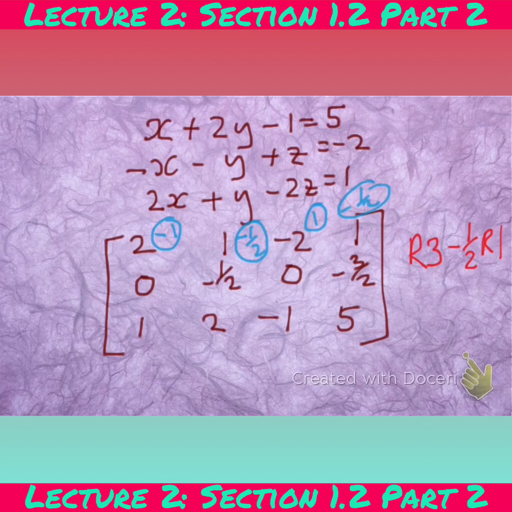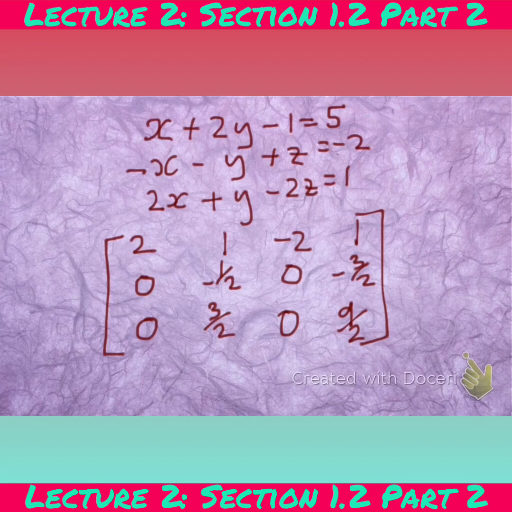Add that to the last row. That entry becomes 0. The next entry is 2 minus a half, which is 3 over 2. Then 1 plus minus 1 is 0. And the last entry is 5 minus a half, which is 9 over 2.